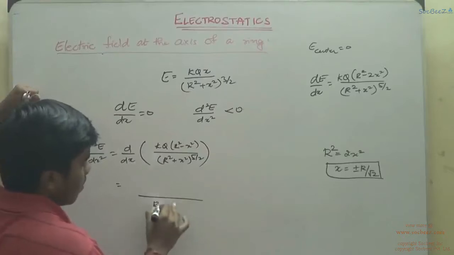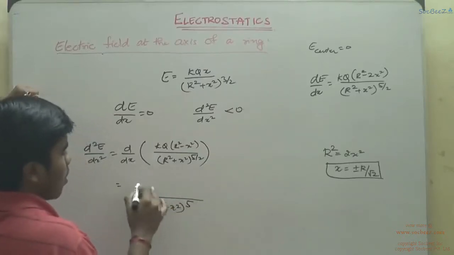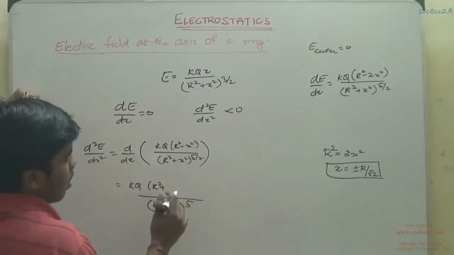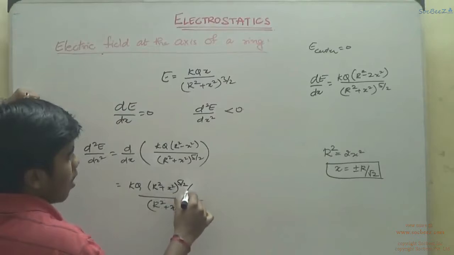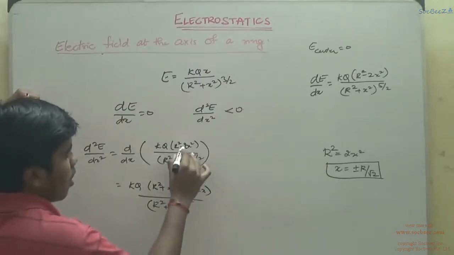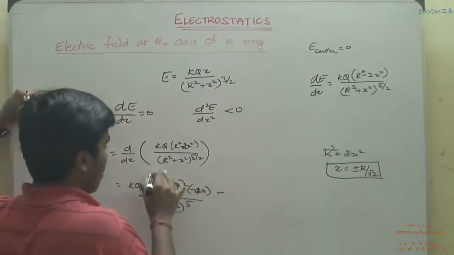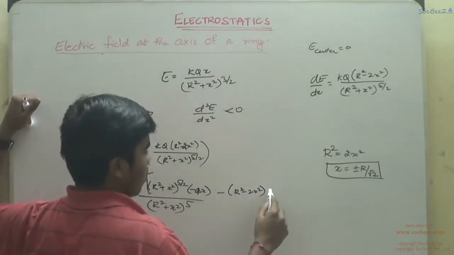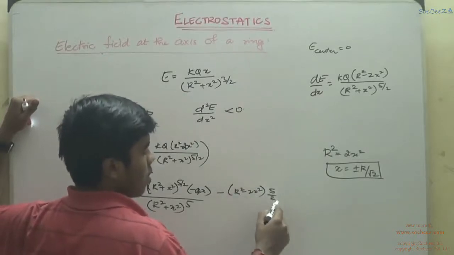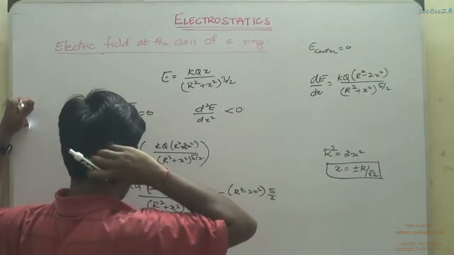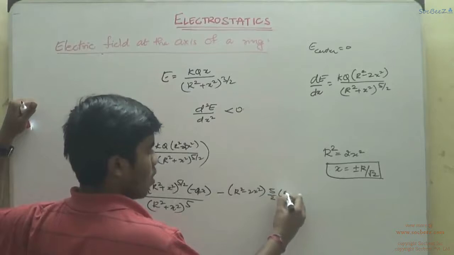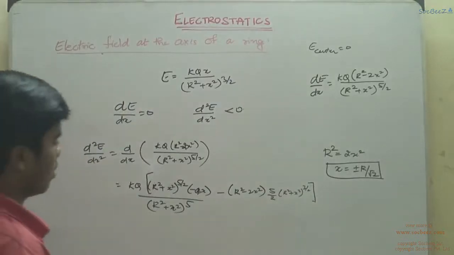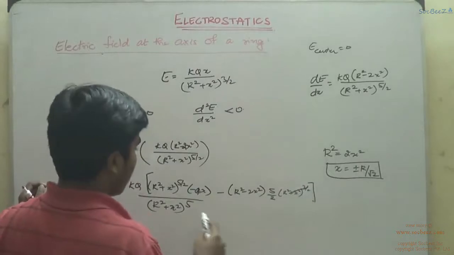By quotient rule, it will become, see, this would become r square plus x square whole power 3 by 2 if I take common.